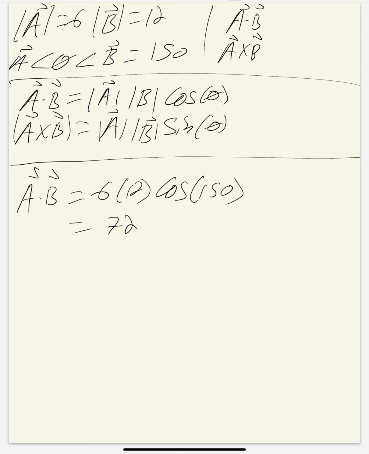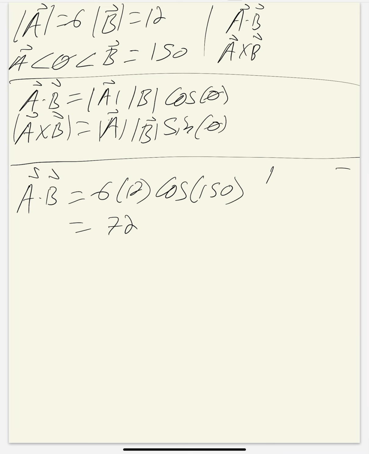For the cosine part, it's easiest to set it to radians form, which if you're unsure, you just multiply the degrees, 150 degrees times pi over 180, which becomes 150 pi over 180, which simplifies to 5 pi over 6.